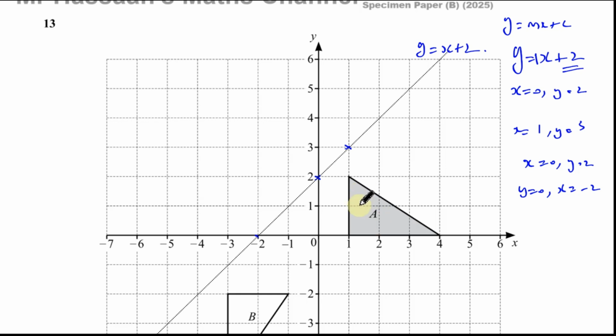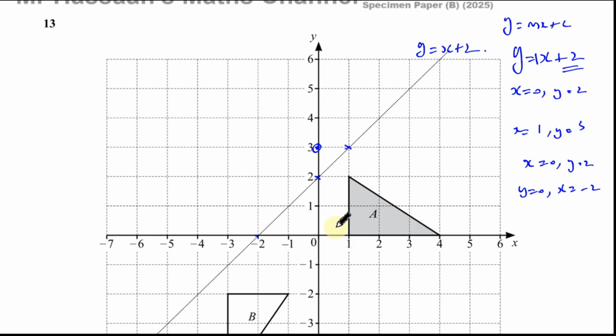We have to reflect this shape in this line. When you reflect a shape in a line, you have to understand that every point is the same distance away from the line on the other side, and the line joining the point and its image is always at right angles. So this point here will be reflected to that point over there.